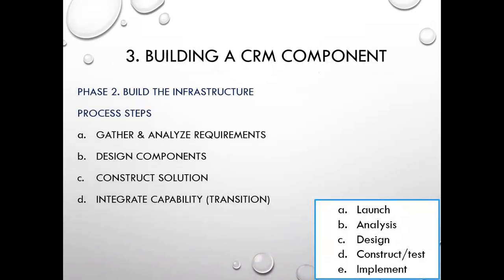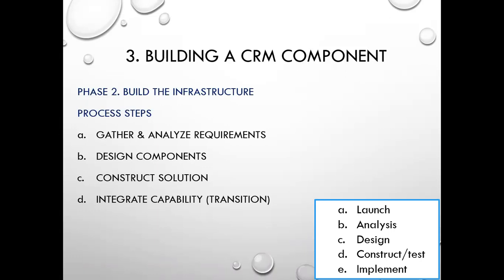Now the third step is build a CRM component. That is our third topic in our book. Under this topic we have build the infrastructure. That is the second phase that we already discussed in the first lecture, the CRM program life cycle.